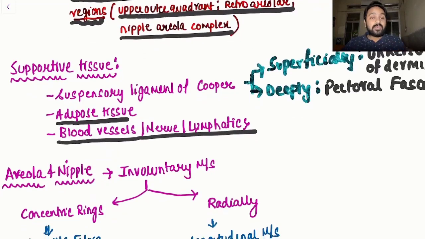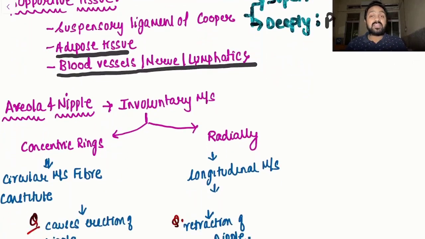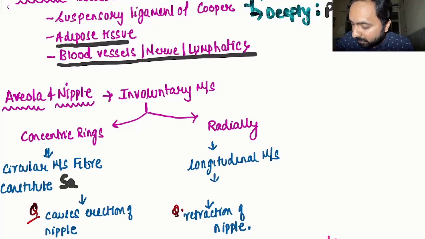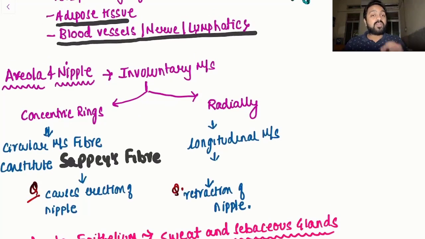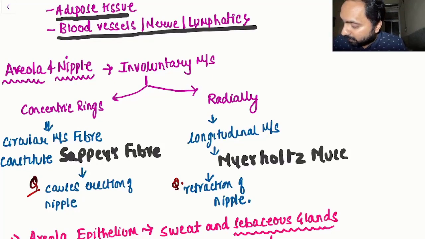Now coming down to the areola and nipple, so they have involuntary muscles arranged in the form of concentric rings. So these are the circular muscle fibers which constitute what? Your Sappey's fibers. Now these are responsible for causing erection of nipple, another very important MCQ. Then radially there are longitudinal muscles which are known as your Meyerholz muscle.